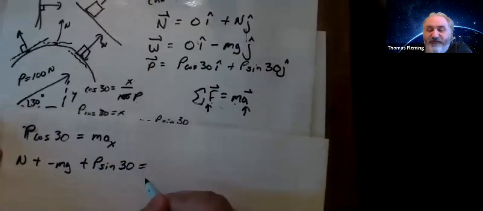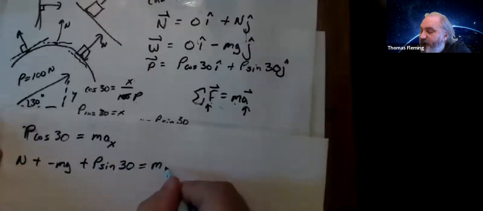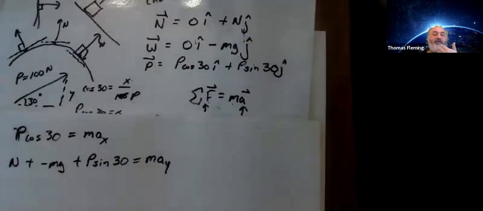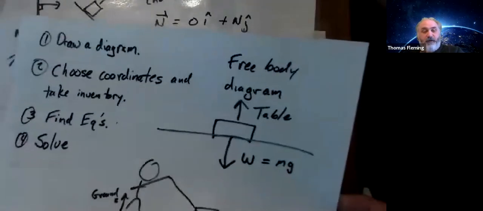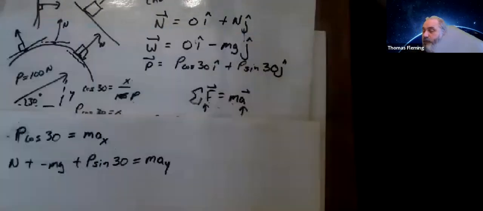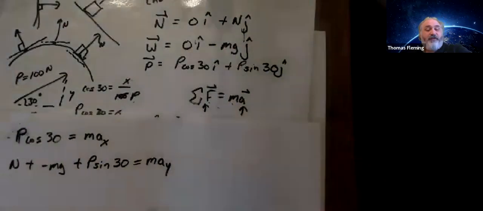And that's going to have to equal the mass of my object times whatever acceleration my object has in the y direction. So when I go to generate my equations, right, all I've got to do is that. There's my equations. Yay, super awesome. And from there on out, once you've got your equations, this is going to turn into a math problem, right?